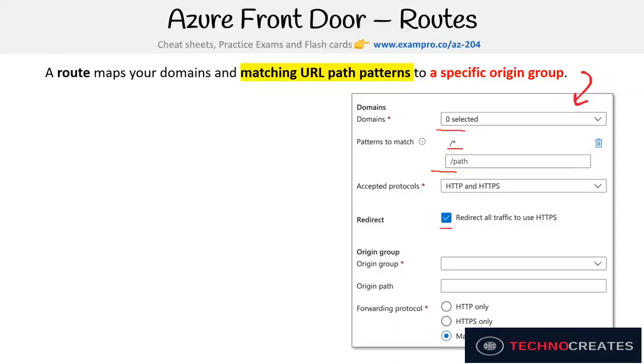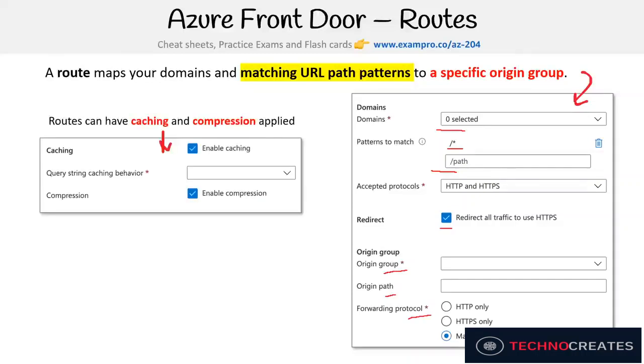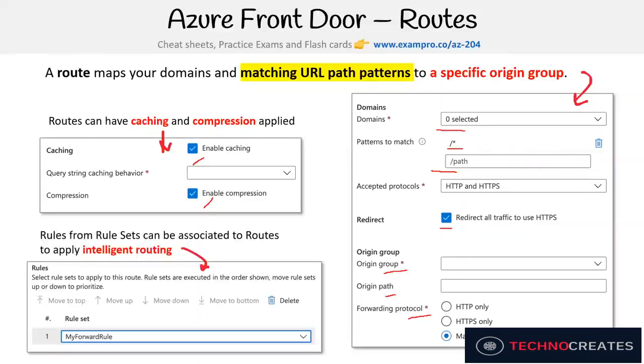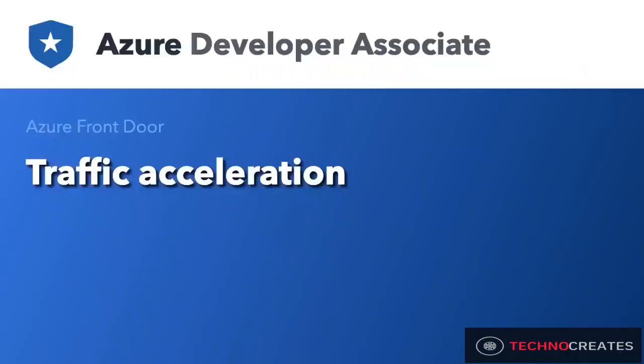And you're going to associate that with an origin group. And you can provide an origin path and define the forwarding protocol. Routes can also have caching and compression applied. So this is where you would start doing that. And rule sets can be associated to routes to apply intelligent routing. So that's where you get that routing association. But yeah, there you go.